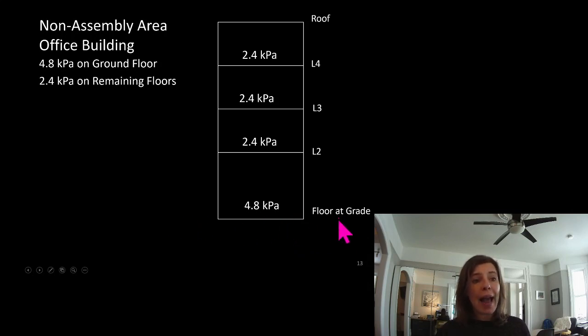But this floor at grade here, here's our column. This column does not support this floor. So our column from level 1 to level 2 supports level 2, level 3, level 4, and the roof. The column from level 2 to level 3 supports level 3, level 4, and the roof.